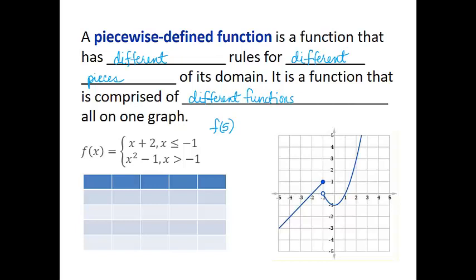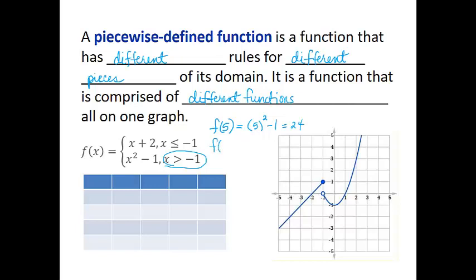And furthermore, 5 only satisfies one piece of that domain. 5 is either less than or equal to negative 1, or 5 is greater than negative 1. Because 5 is greater than negative 1, we're going to use the rule that corresponds to those particular values in the domain. F of 5, therefore, would be just 5 squared minus 1, which is 25 minus 1, or 24.